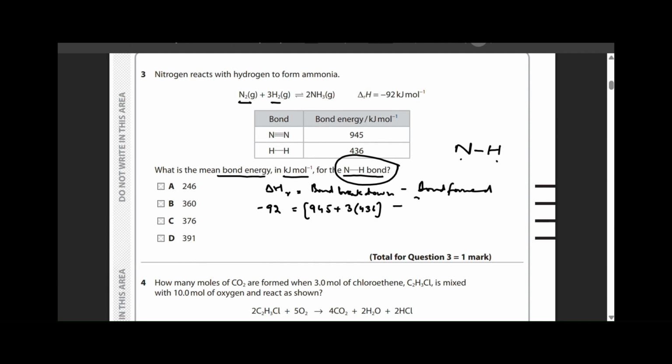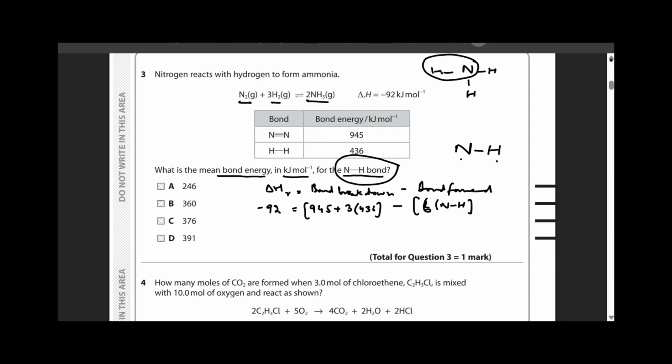And how many bonds are formed here? In 1 mole of ammonia there are 3 nitrogen hydrogen bonds. So if there are 2 moles of ammonia, it means 6 nitrogen hydrogen bonds.